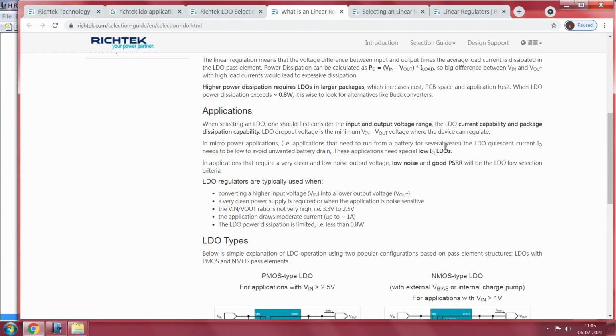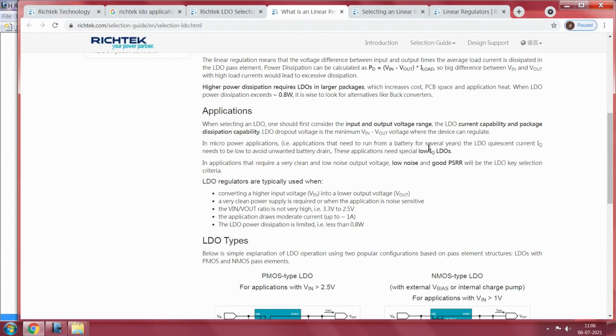That means whatever load current is required should come directly from the input, and the device itself should not take any current, which is an ideal proposition but never going to happen. Any device that is intervening will require some amount of current itself in order to function, but you want to keep it very low, and this design is saying look out for the quiescent current of the LDO.